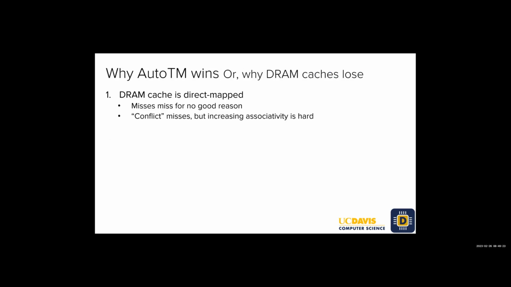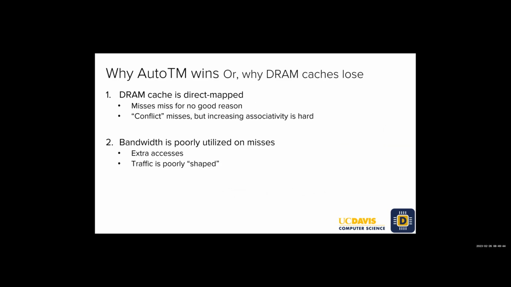Okay, so why does AutoTM win? The DRAM cache is direct mapped in this system, so we ended up with a lot of conflict misses. When you have an array that doesn't fit in a direct mapped cache and you start reading just beyond the size of the cache, it really hurts you.